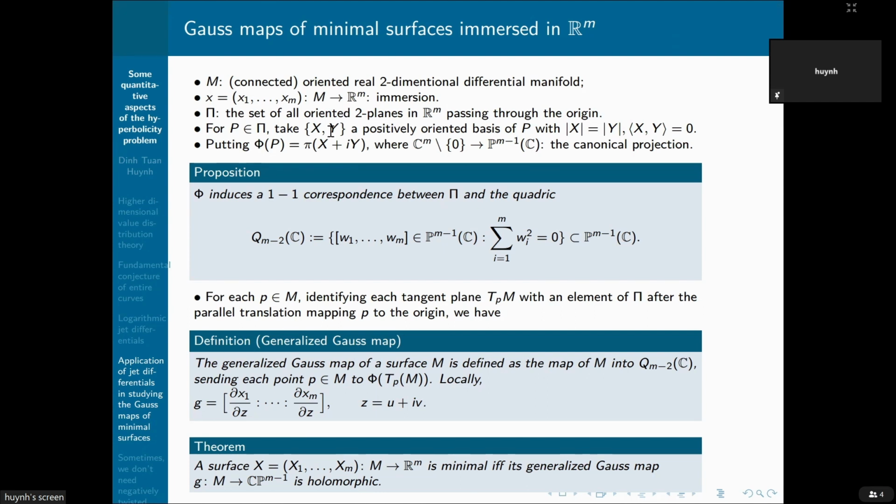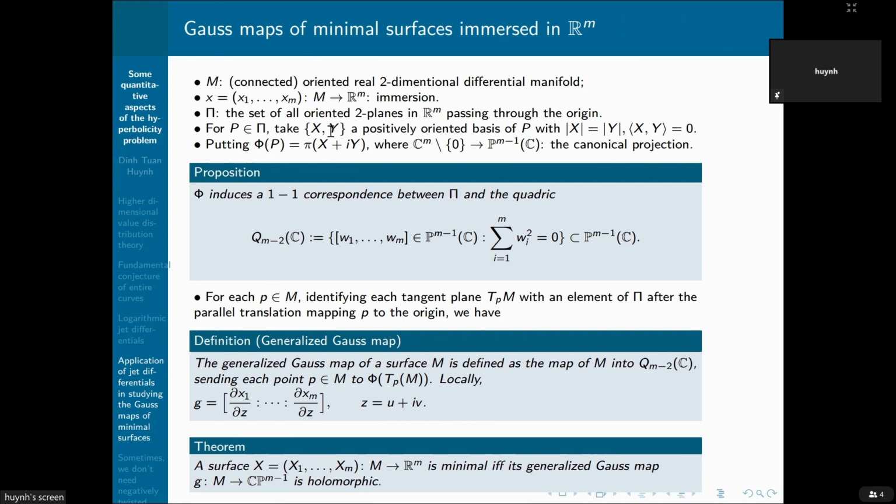By this method, for a point P in the surface M, after a parallel translation mapping P to the origin, we can identify the tangent plane of M at P with an element of the quadric.